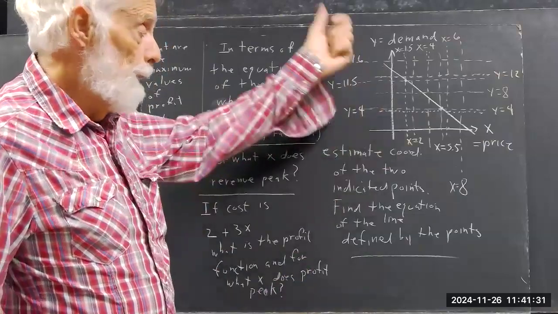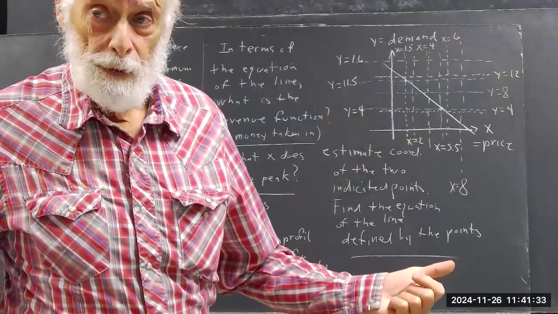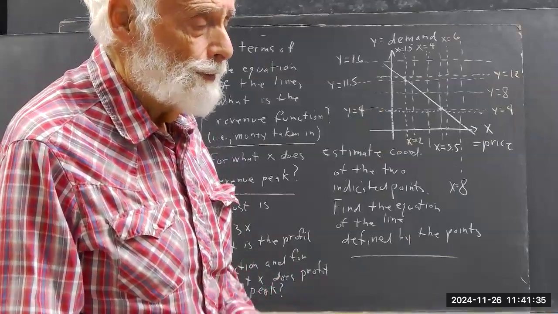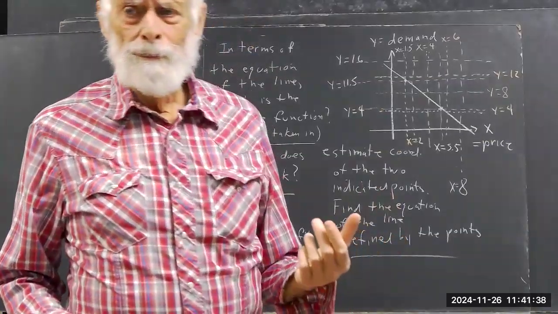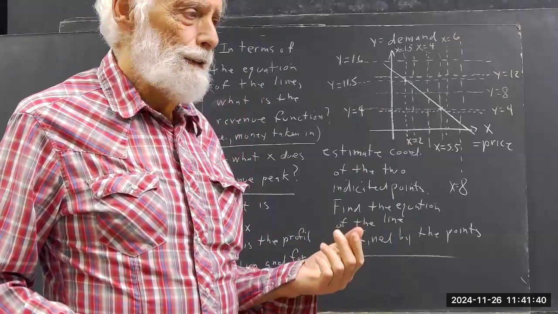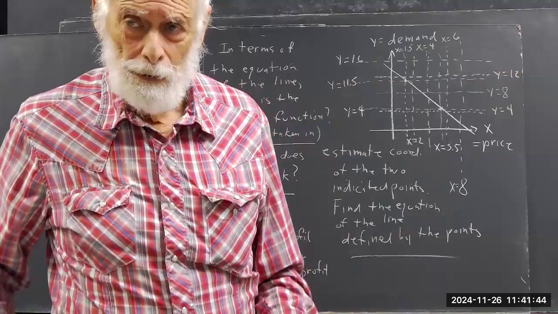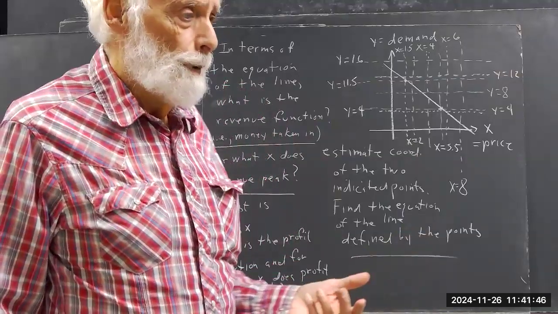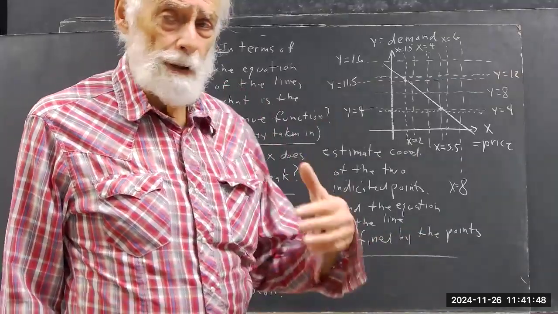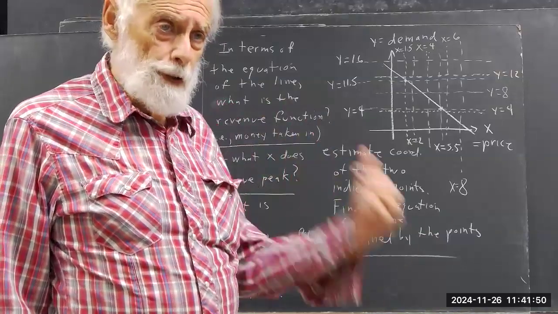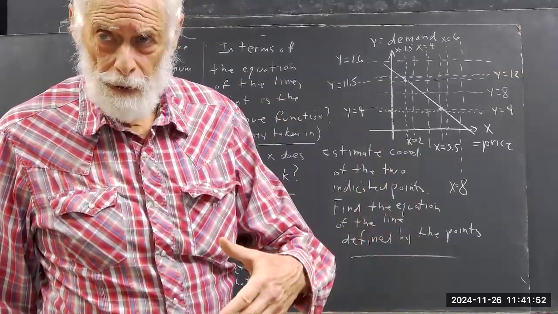You should be able to make your own estimates using similar techniques. This corresponds to market research. I've never done market research, but I think that would be in the province of market research. You're trying to determine what the demand is going to be as a function of price.